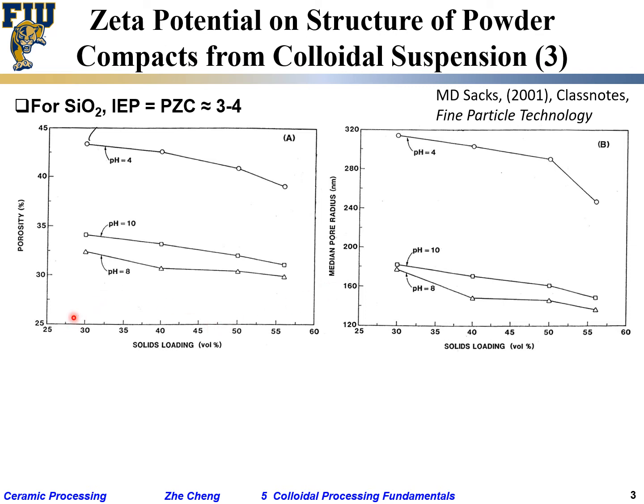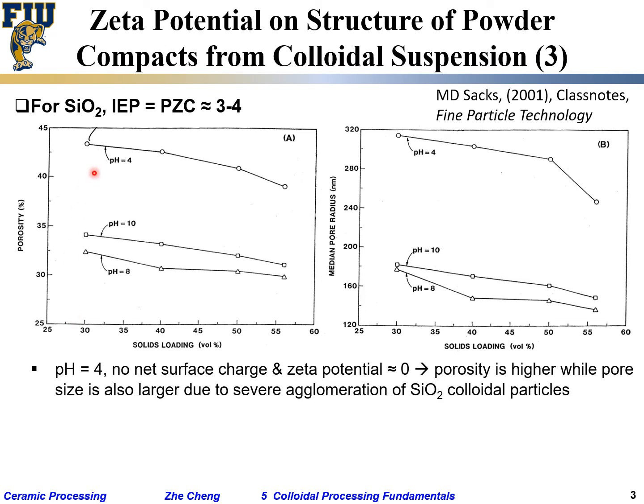Let's say when I'm looking at pH equals 4. The higher the solid loading in your suspension, for all 3 lines, it's slightly going downward.